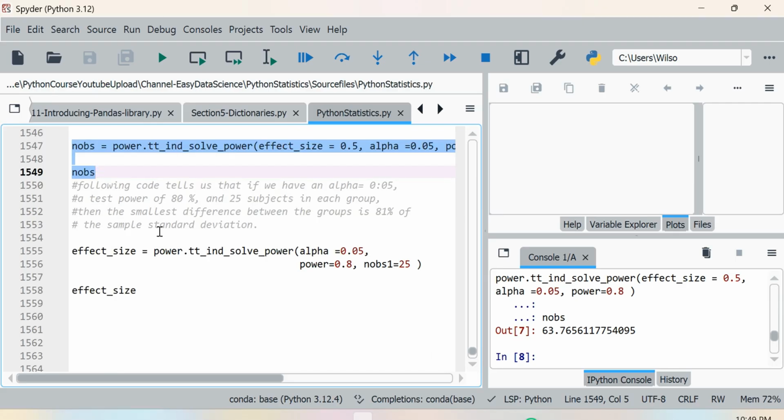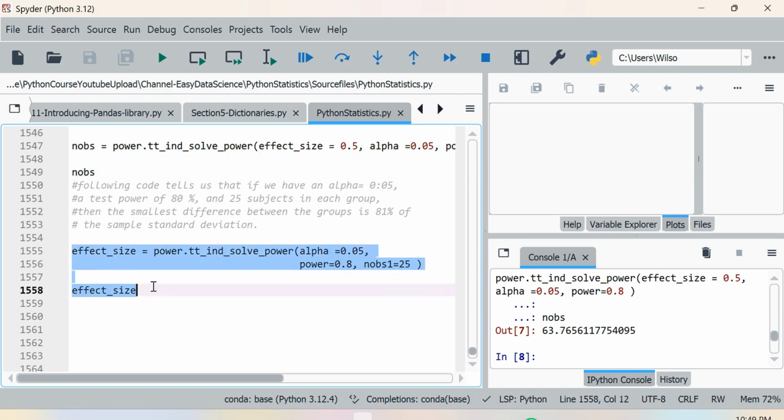Then the next example shows how large an effect size you can find in a power test with 0.05 for type 1 error alpha. Then you will get at least 80% power to find this effect, with a sample size of 25 for each group. So we can also use this function, tt_ind_solve_power. So now the effect size you will find is about 0.8.